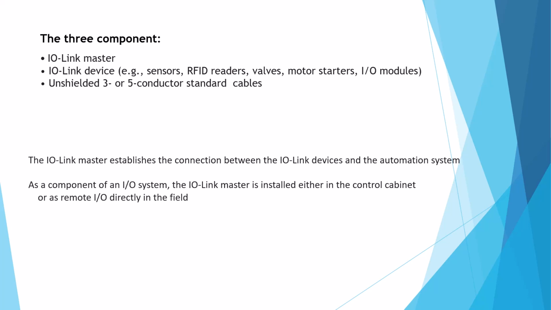Okay, the IO-Link master you can see in the control cabinet or on the remote side. The IO-Link master establishes the connection between the IO-Link device and the automation system.